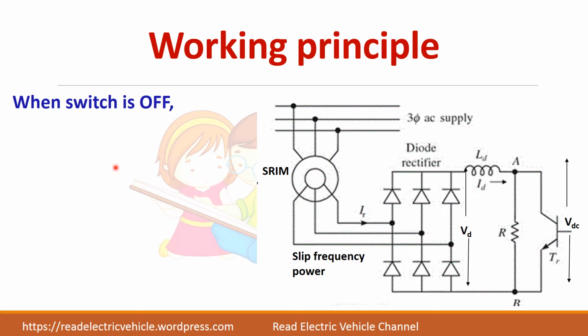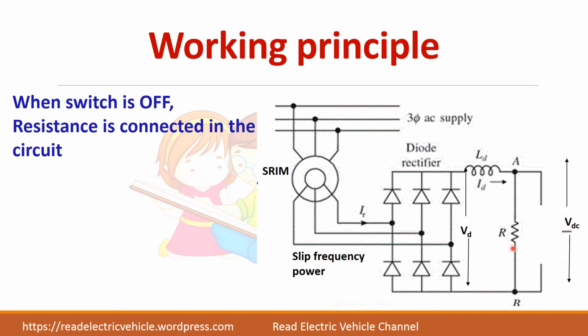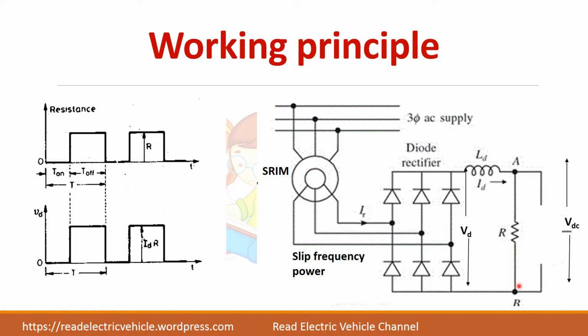Under off condition, this switch is off, so the current flows through the resistor. So the resistor is connected in the circuit. So during the on period of this switch, the resistance is not connected, and during the off period the resistance is included in the rotor circuit, and this is the VD, the voltage here.